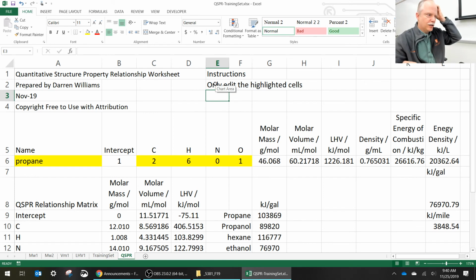So I'm putting in instructions: only edit the highlighted cells. You're telling yourself later, or someone that comes behind you, what numbers are changeable or should be changed and what numbers should not be changed.